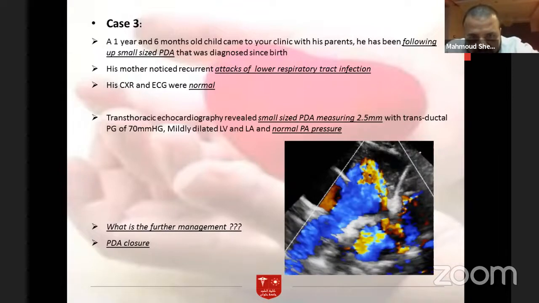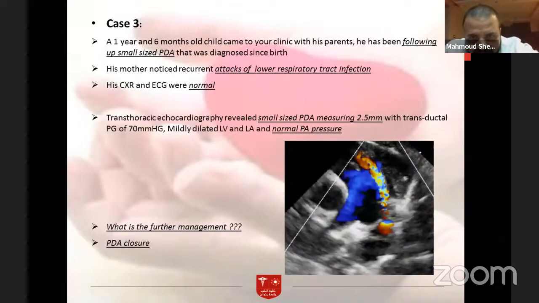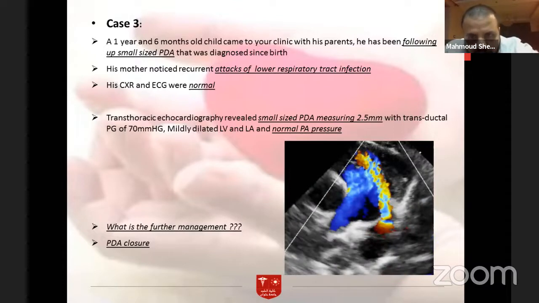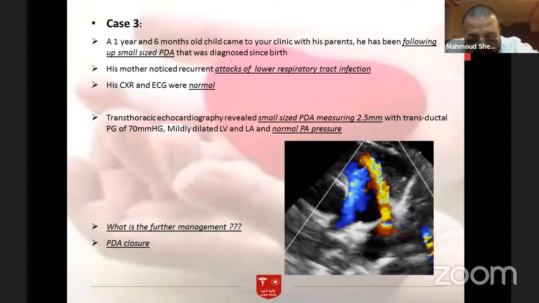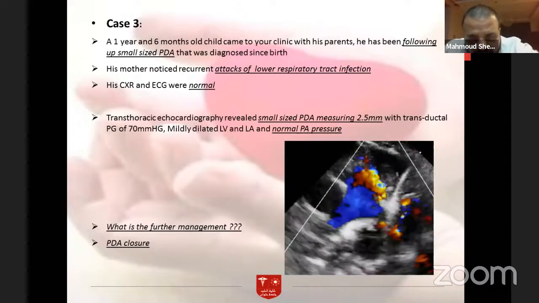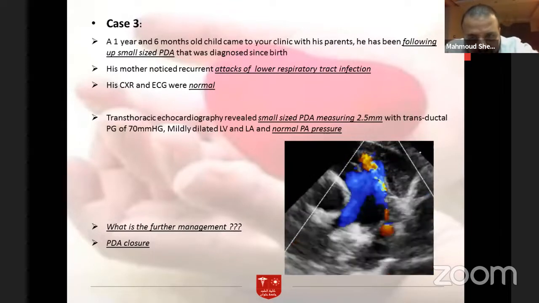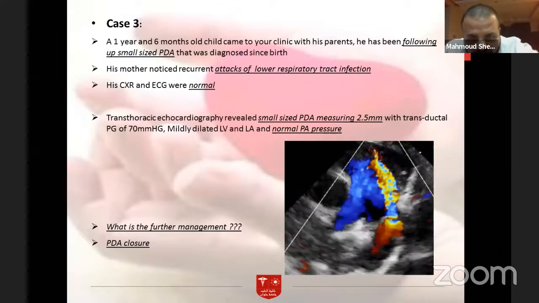So it is better to identify the PDA clearly by 2D screening, and you can use different views, starting from the short axis view, then the ductal view, which is infraclavicular, or some people say it is a high parasternal short axis view.